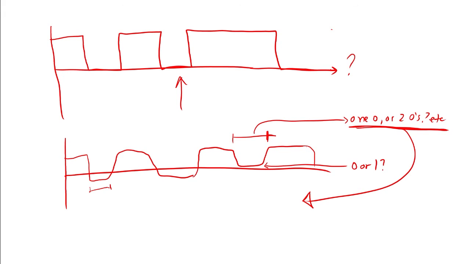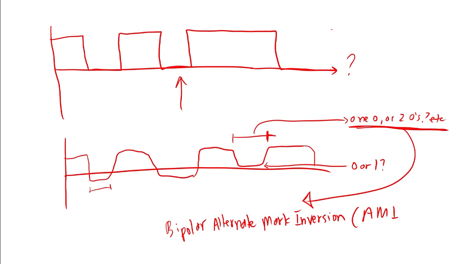The answer is we use something called bipolar alternate mark inversion, also known as AMI. We also have another technique called Manchester coding.